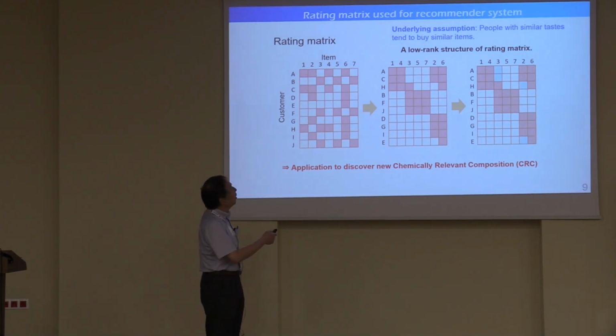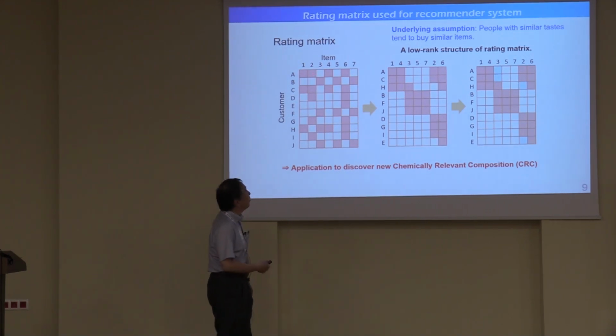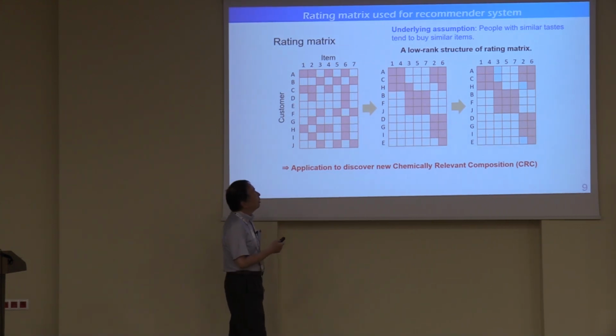This was made by just rearranging the matrix elements. The customer list here is A, B, C, D, E, but here it is changed to A, C, H, B, and so on, and the items are also different, so the order of each element is different.